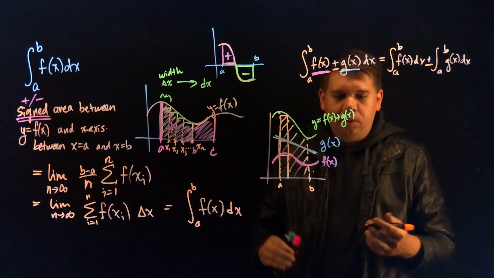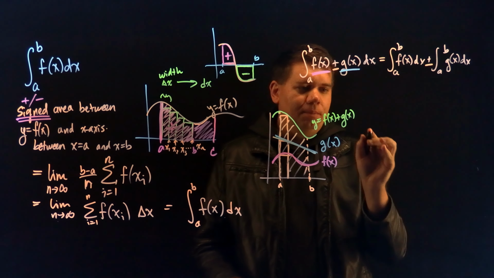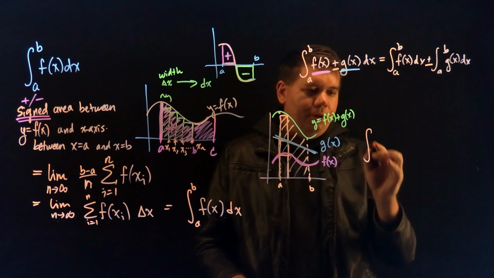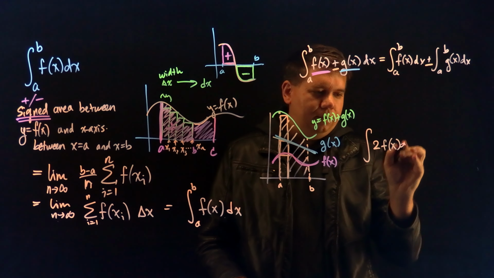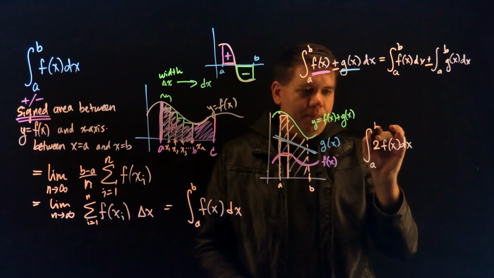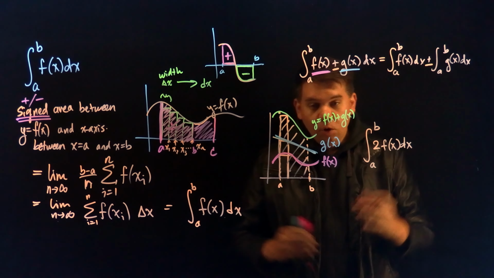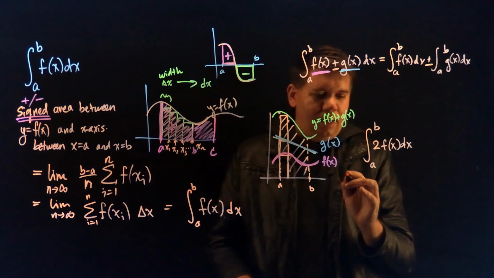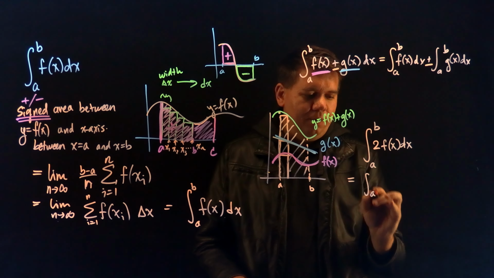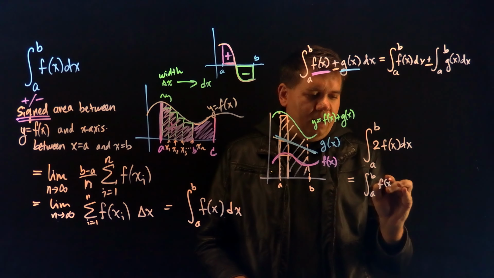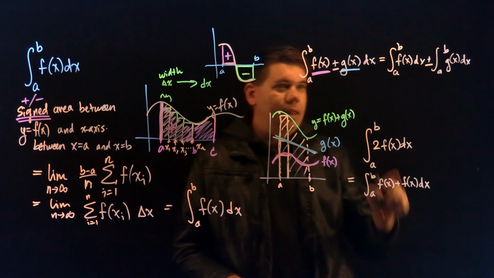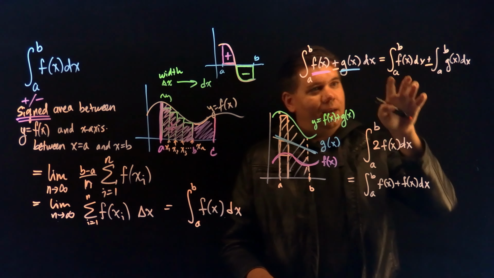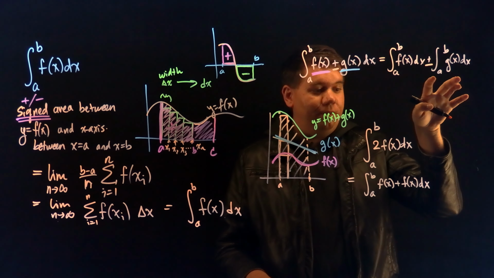What if you want to multiply? What if I want to find something like, what is the area under, I don't know, 2 times f of x dx from A to B? Well, one way you can think about that is that would just be the same thing as the area from A to B of f of x plus f of x. And then we use the property above, that's just the area under f of x plus the area under f of x.